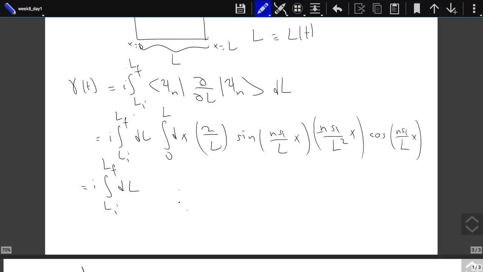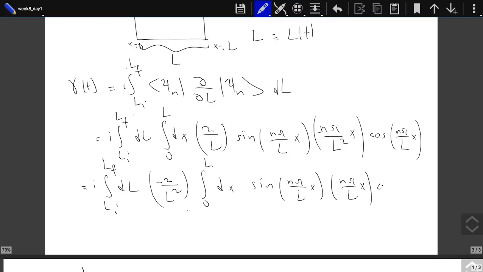No, not this. Let me take minus 2 over L squared, integral 0 to L dx sine n pi over L x times n pi over L x times cosine n pi over L x.